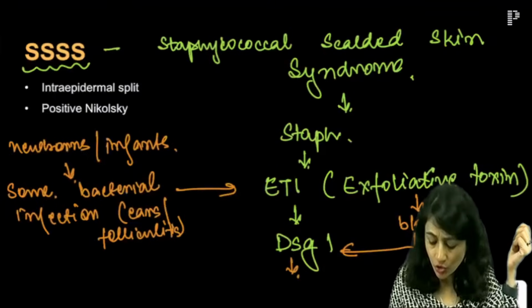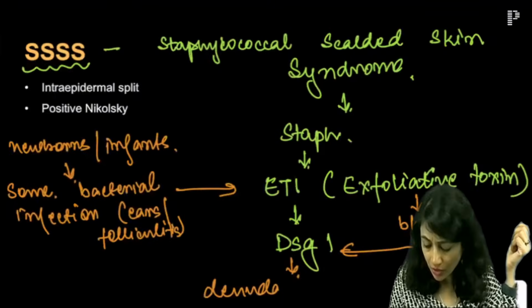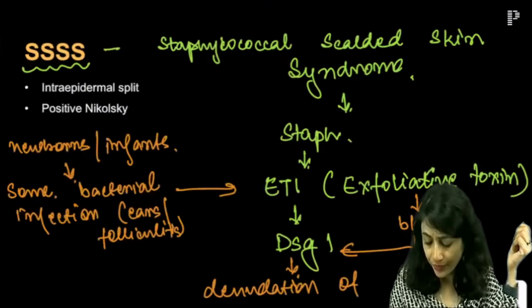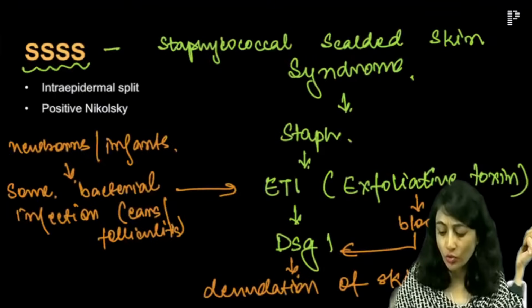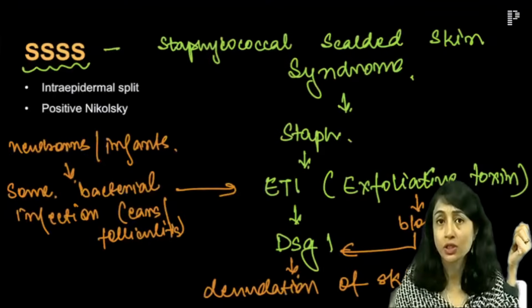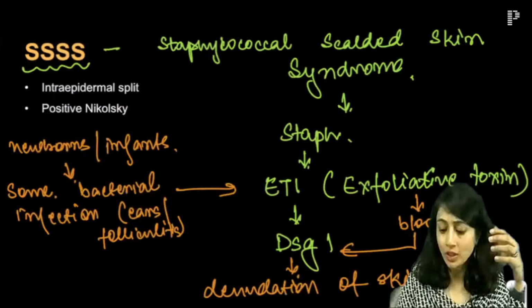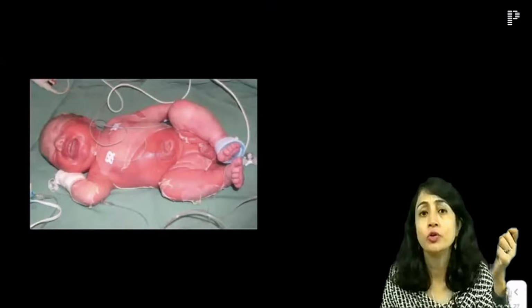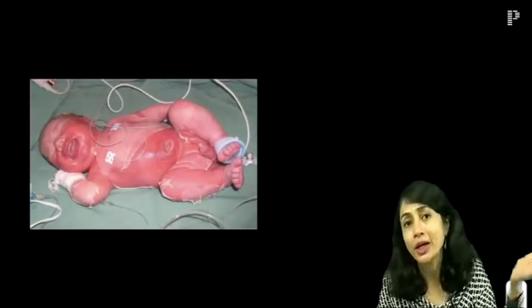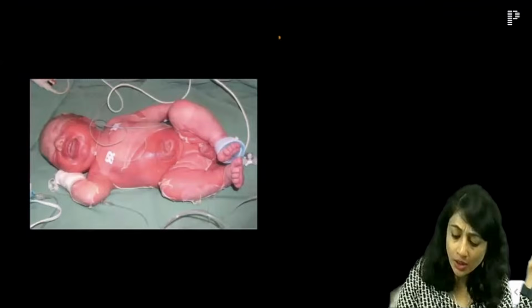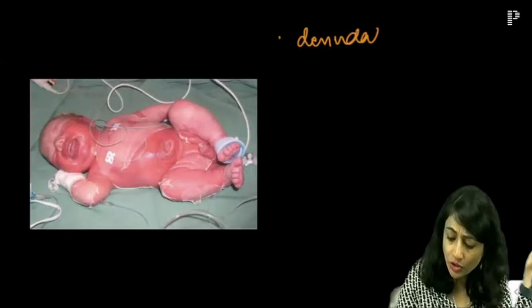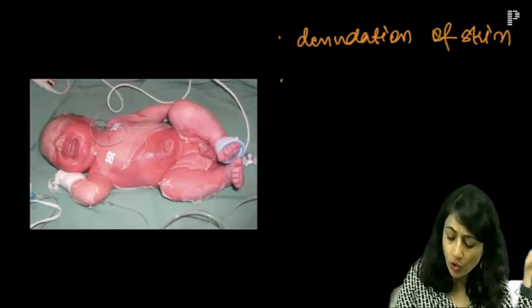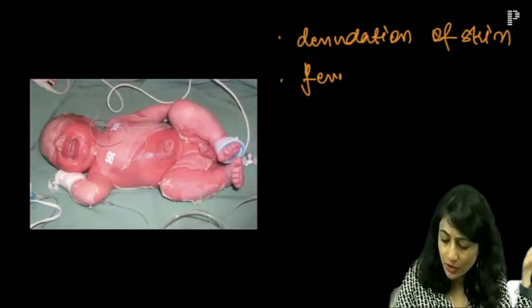And this leads to denudation of skin, because ET1 goes to the blood. From the blood, it travels to the skin, binds to desmoglein 1, and what it leads to is this. So it is usually a newborn or an infant who's admitted, and you get a referral and you go there and you see that there is denudation of skin or peeling away of skin along with fever, constitutional symptoms.